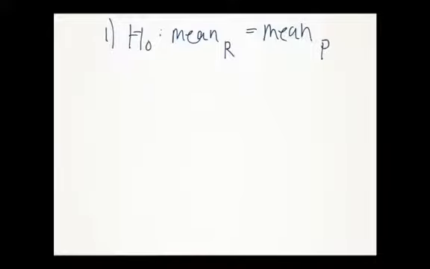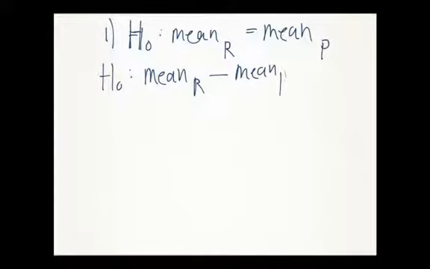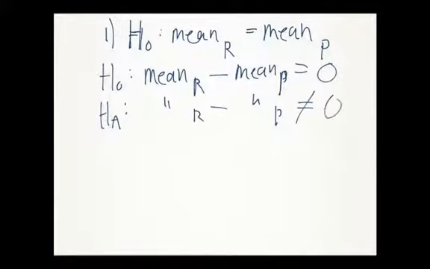Another way of writing that same null hypothesis is that the mean in group R, the relapsing, minus the mean in the progressive group is equal to 0. That's another way of saying they're equal. And now the alternative hypothesis: I would write the mean in the relapsing group minus the mean in the progressive group is not equal to 0. Okay?